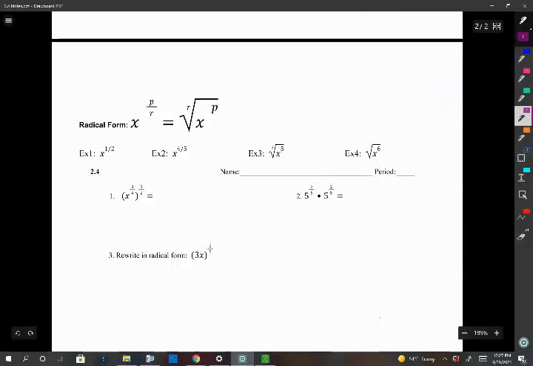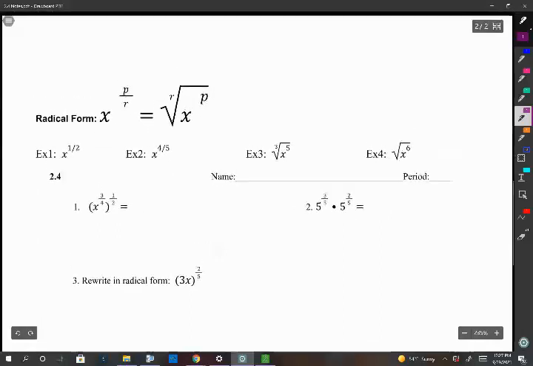As we look at the last little bit, it just talks about how you can rewrite a radical in a different form. Like you can go from a radical to exponential form, or you can go from exponential form to a radical. And so what that helps you see is that as you look at your form, the P is your power, and the R is called our root or our index.